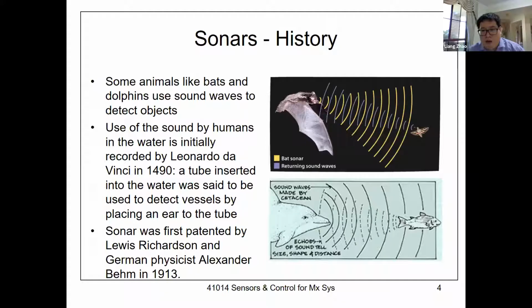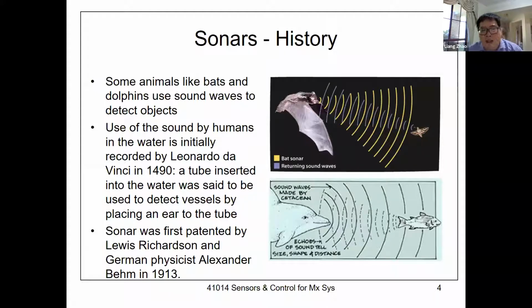On record, the first use of this kind of sound in water is by Da Vinci, and he put a tube in the water and listened through the tube to detect vessels. And this is the first recorded use of sound in water.